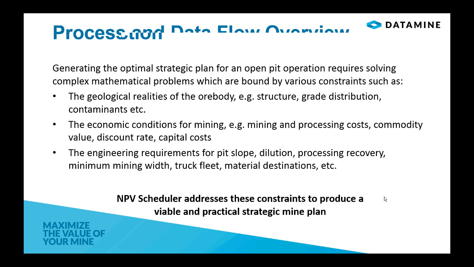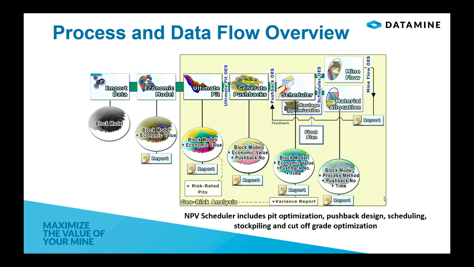Here we see the flow chart of the process that engineers usually go through to generate a strategic schedule. We start with data importation: we're importing a resource model, and we're importing digital terrain models like pushback designs. We import additional boundaries that we can use for controlling our pits and pushbacks.